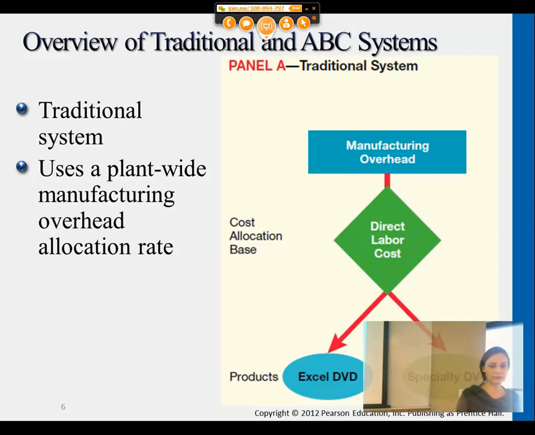So we have some manufacturing overhead. We add our direct labor cost to it, right? We use it as a cost allocation base, and then we have some products, and whatever they are, it does not matter. We accumulate all of the costs all together. We just have this plant-wide manufacturing overhead allocation rate. We don't have it divided into activities.